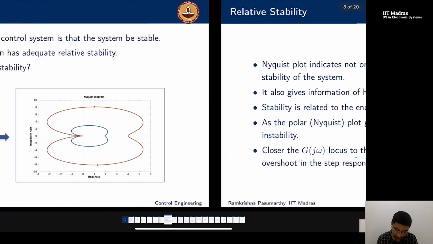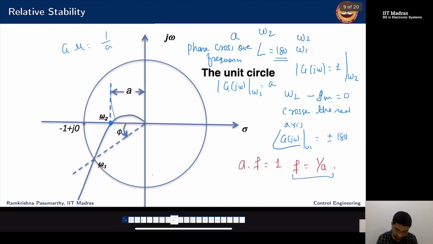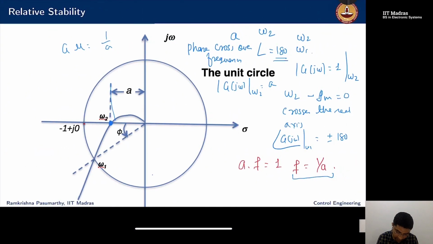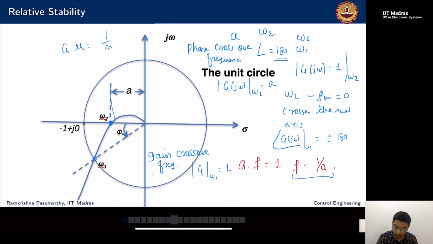We'll go back here to this plot. I'll call this the gain crossover frequency. This is the frequency at which the gain becomes 1.